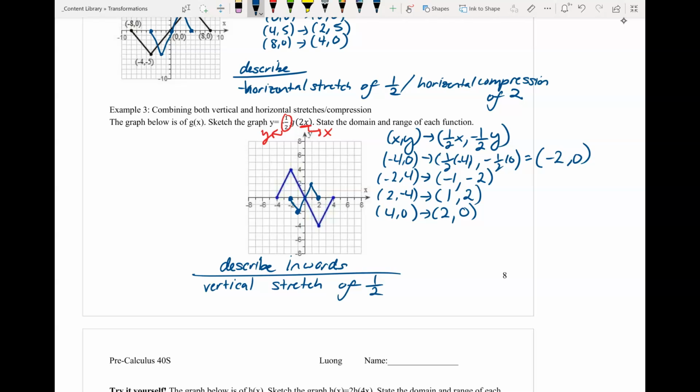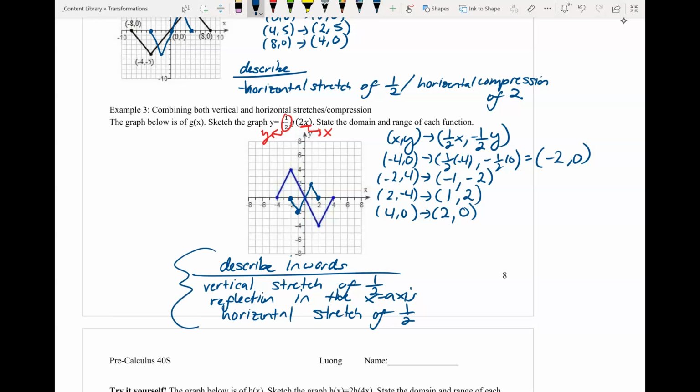Then we also had a reflection in the x-axis from the negative being in front of the half. And then we also have a horizontal stretch of a half. Or you can say horizontal compression of 2.